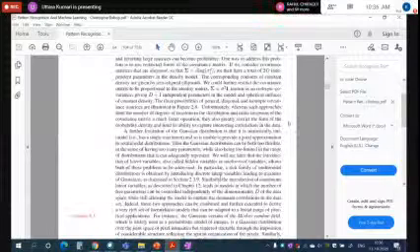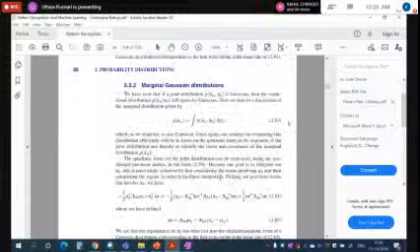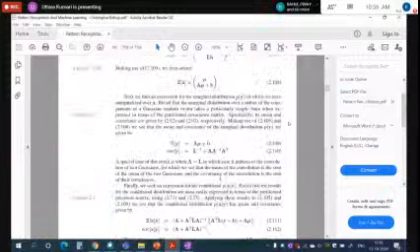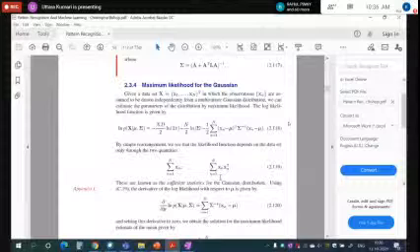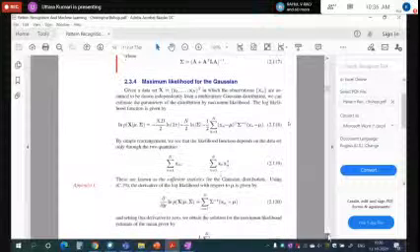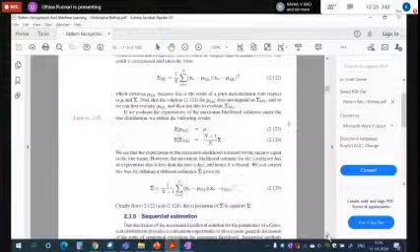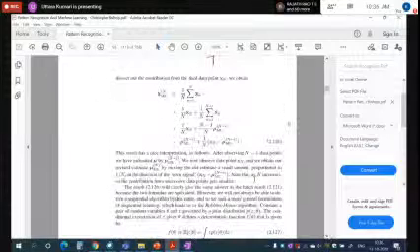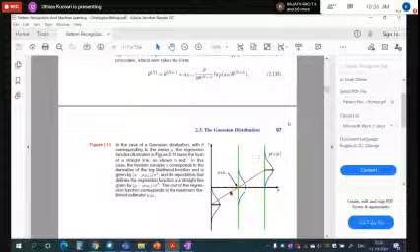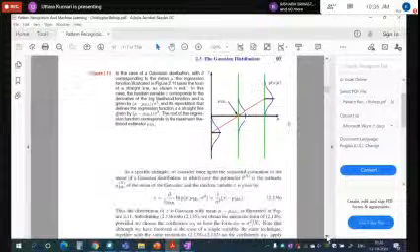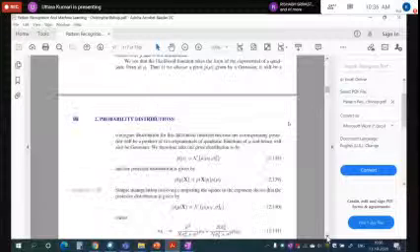Don't take this too seriously; this is not that important. Don't go for this, as we have already seen all these derivations. I also explained this part while explaining the maximum likelihood function.